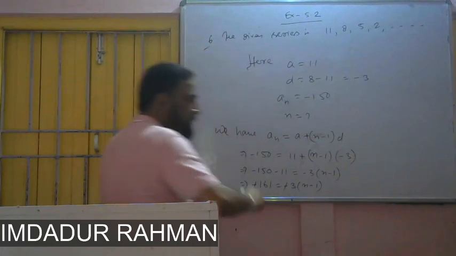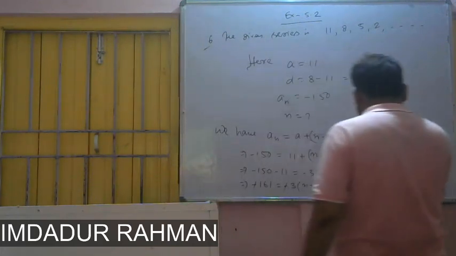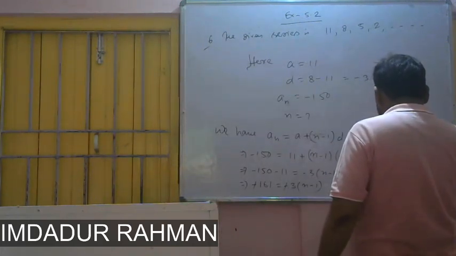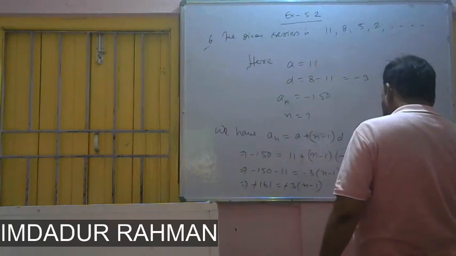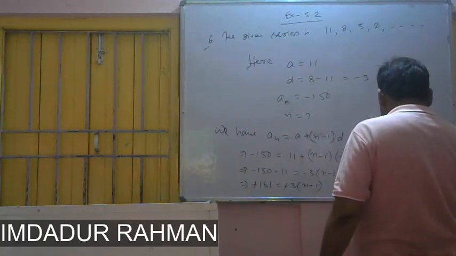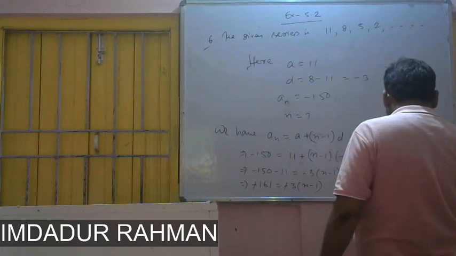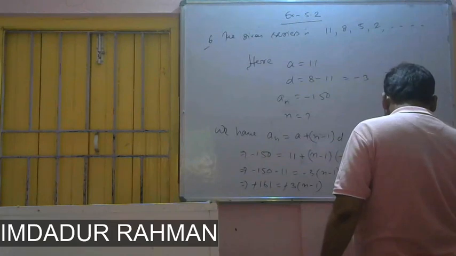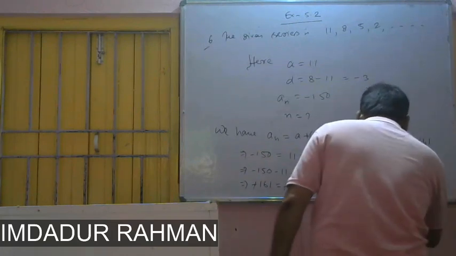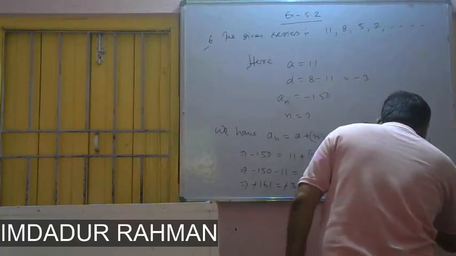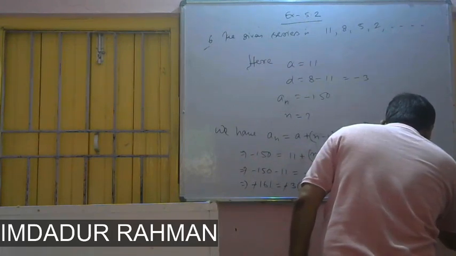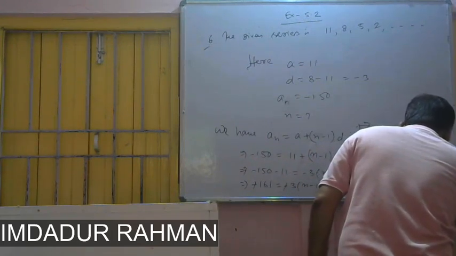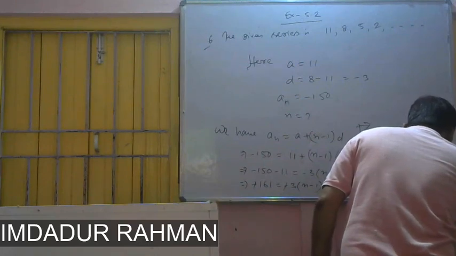Minus cancels. 3 into (n minus 1) is equal to 161, which implies n minus 1 is equal to 161 by 3, which implies n is equal to 161 by 3 plus 1, which implies n is equal to (161 plus 3) by 3, so n is equal to 164 by 3.